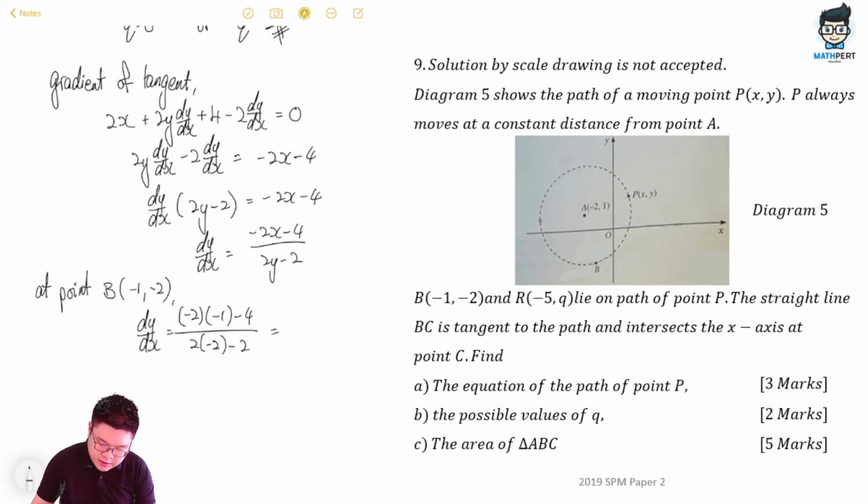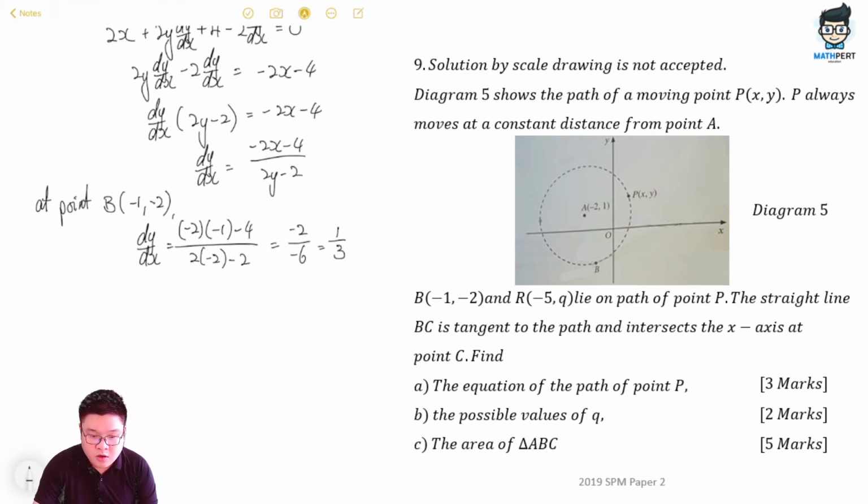What do I get? Minus 2 times minus 1, I get 2. So 2 minus 4, I get minus 2. Minus 2 multiplied by negative 2, I get negative 4. Negative 4 minus 2, negative 6. So that is 1 over 3. The gradient is 1 over 3.